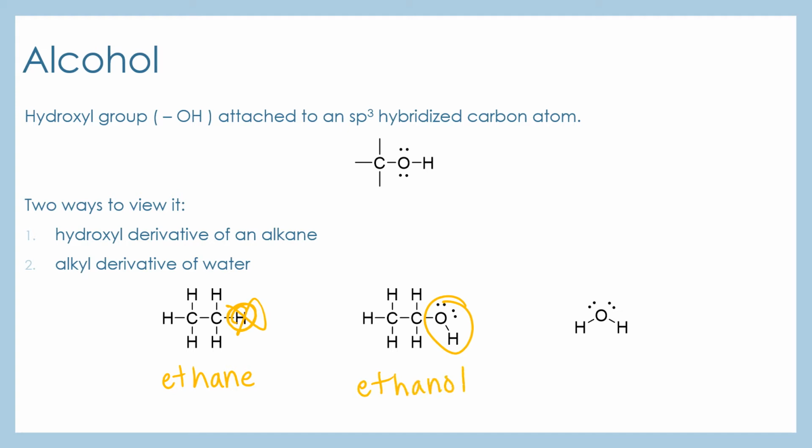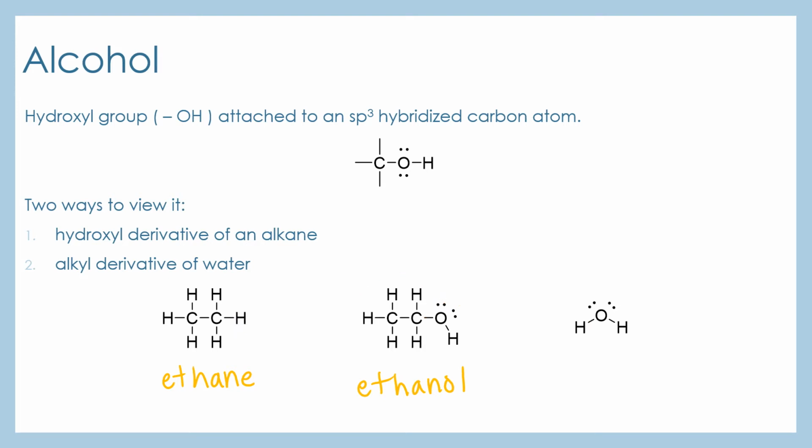Another way that you could look at this is you have water and you take one of the hydrogens off and replace it with a 2-carbon substituent, an ethyl group, and that's going to make ethanol as well.